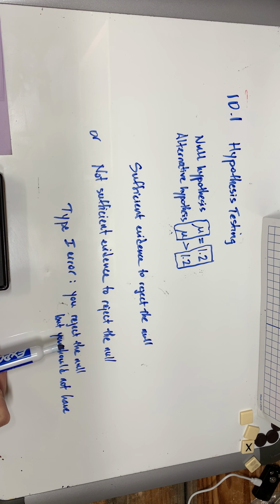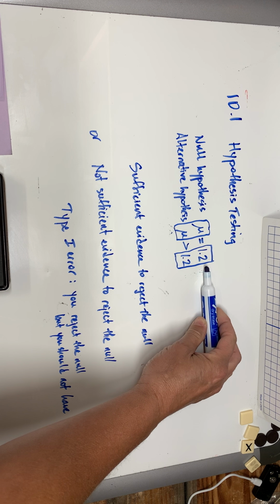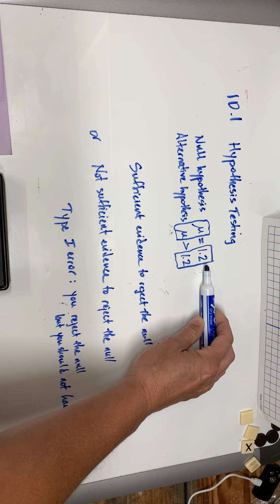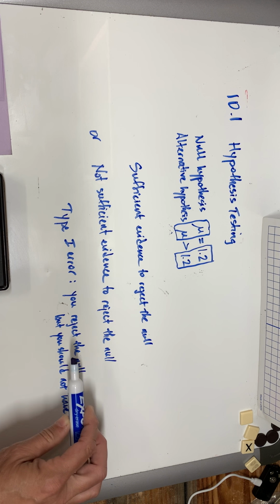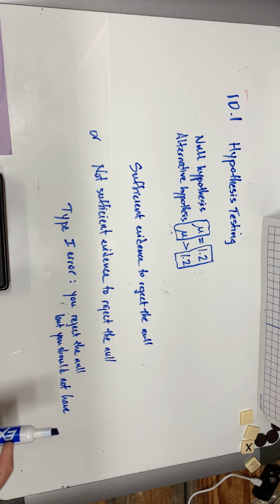Oh, I committed a type 1 error. It's because I rejected the null, but in fact, there really were an average of 1.2 energy drinks consumed per person. In other words, I rejected it, but I should not have, because this was actually truthful, okay? So that would be a type 1 error.